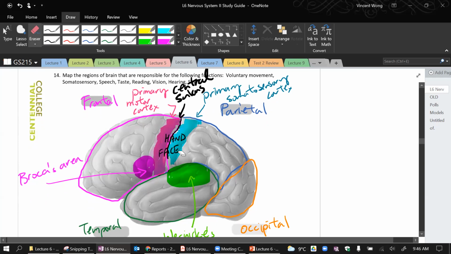If you have a stroke here, what's going to be the problem? If this part of the brain is damaged, what problem are we going to be experiencing?